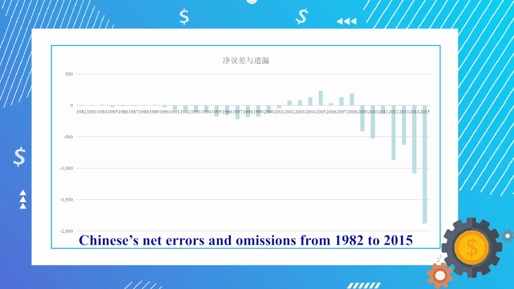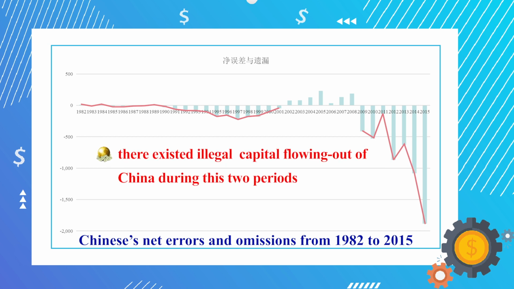From this picture, you can see there existed continuous negative net errors and omissions during the period from 1982 to 2001 and from 2009 to 2015, which means there existed illegal capital flowing out of China during these two periods.